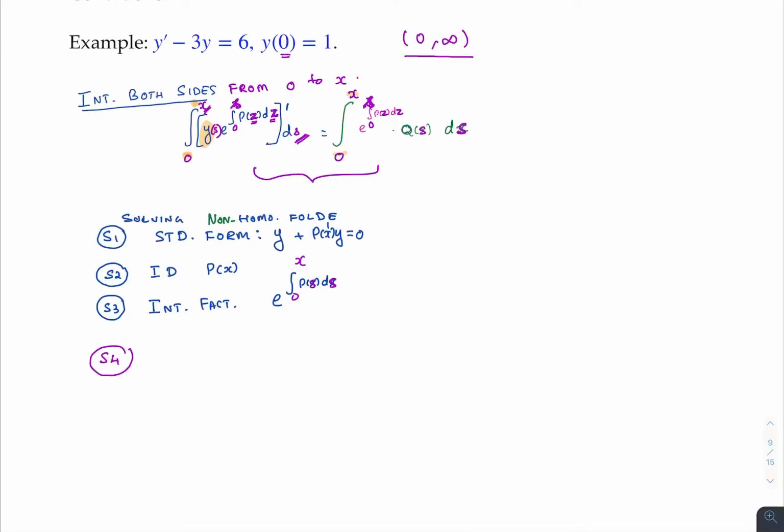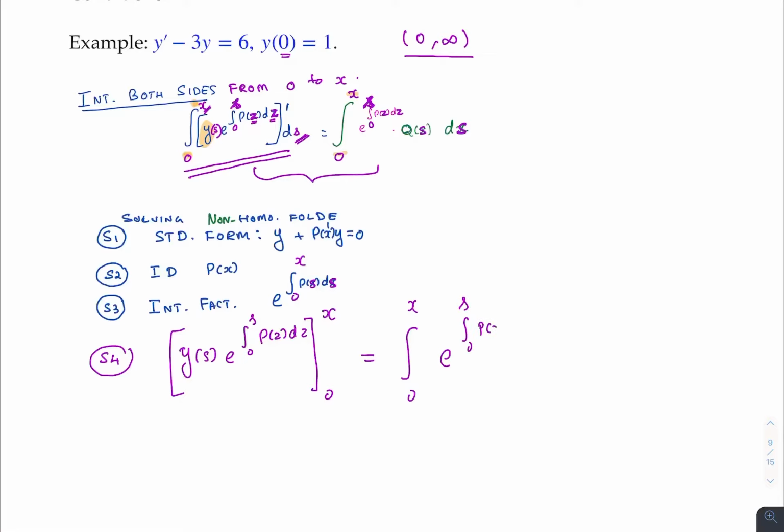When I integrate this, by the fundamental theorem of calculus, the antiderivative is y of s times e to the integral from 0 to s of p of z dz, with lower limit 0 and upper limit x. That equals the same thing over here, which is not going to change: the integral from 0 to x of e to the integral from 0 to s of p of z dz, times q of s ds.